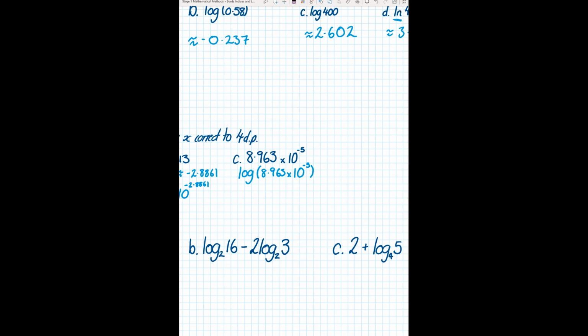So when you put that into your calculator, you get approximately minus 4.0475. So therefore 8.963 times 10 to the minus 5 is approximately equal to 10 to the power of minus 4.0475.